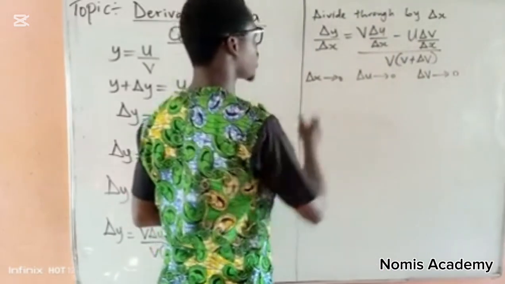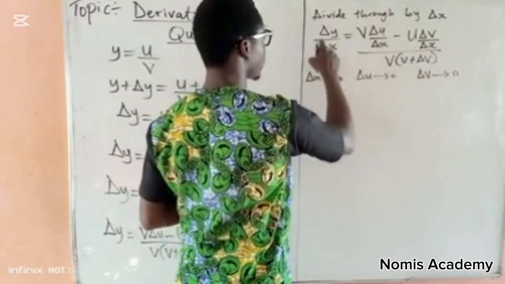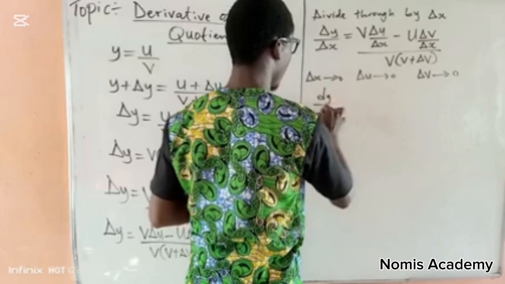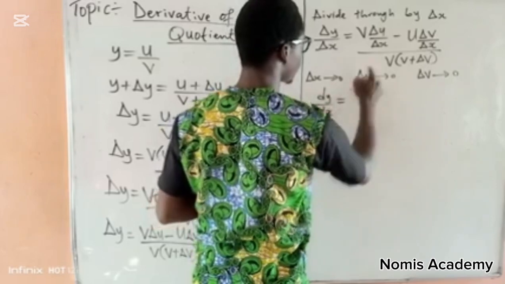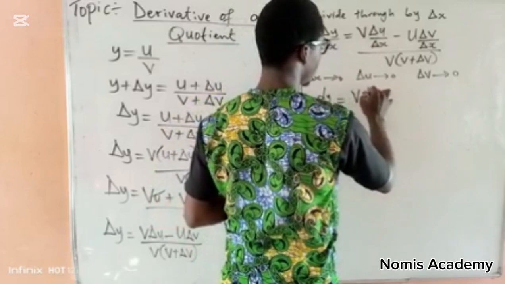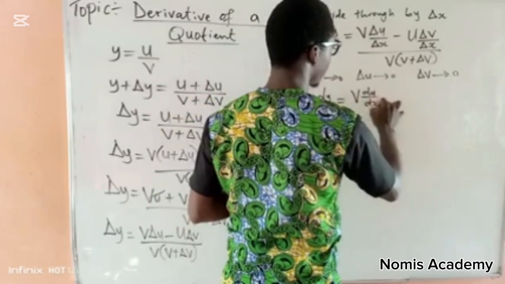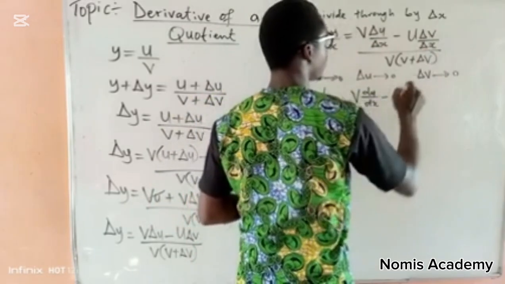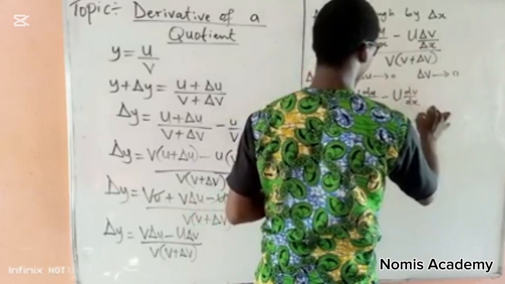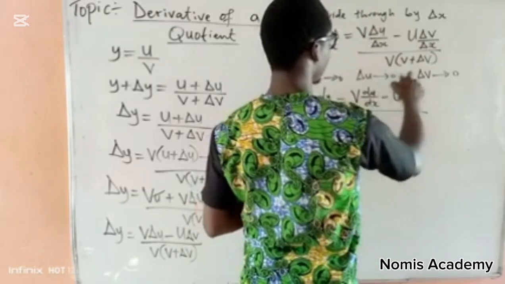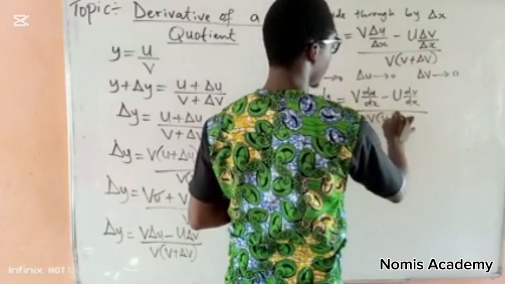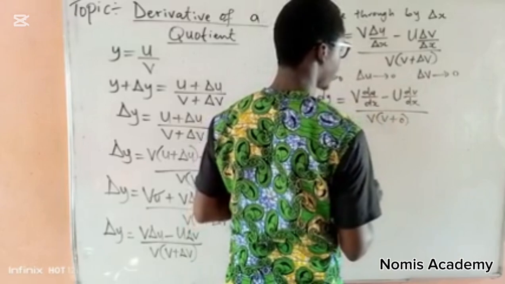So when we do that, delta y over delta x becomes dy over dx equal to, and then this becomes v du over dx minus, this becomes u dv over dx, all over, remember we say delta v tends to 0, so we have v into v plus 0.